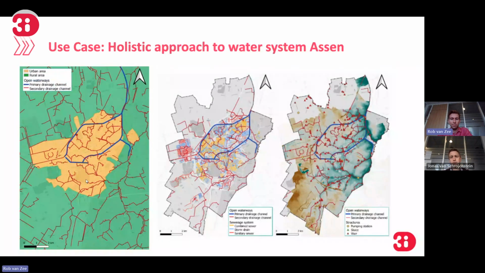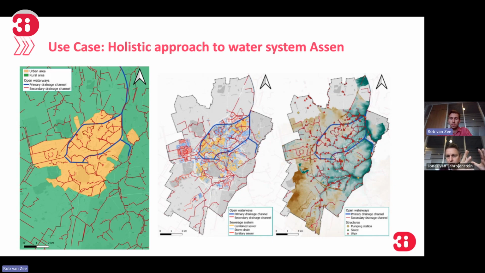This webinar will be focusing on the urban areas, and I have some use cases to give you an idea of what 3DI is being used for. This is an example of a holistic approach to the water system in the municipality of Assen, the Netherlands. What is unique about it is that we did not cut the urban area into several pieces.